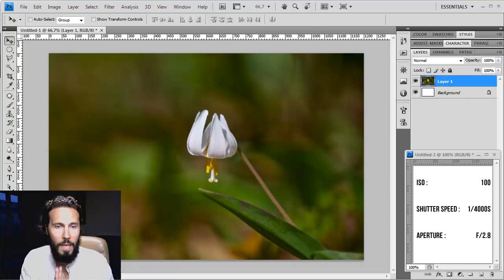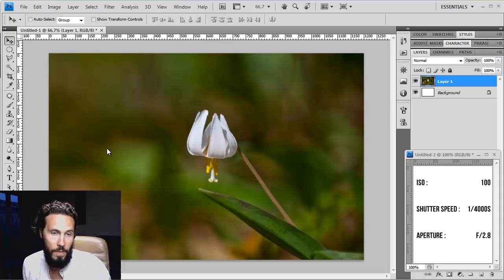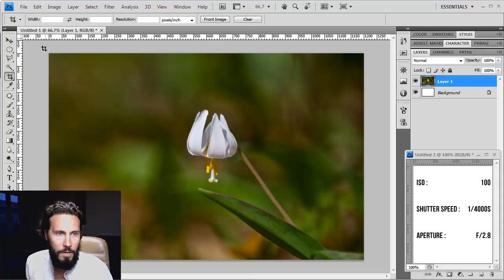Great going on that. Now, compositionally, I do not agree with you. I'll tell you why. What you've done here is you've centered your Minnesota dwarf trout lily perfectly in the image. Now, wouldn't it be more interesting, first off, to respect the rule of thirds? Those of you who know me know that I love the rule of thirds. I find it creates much more harmonious images.